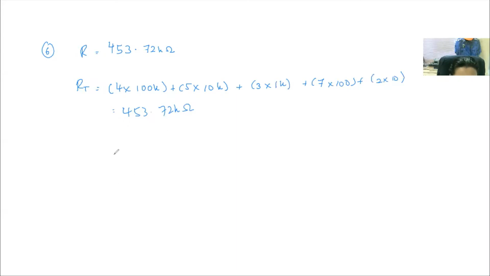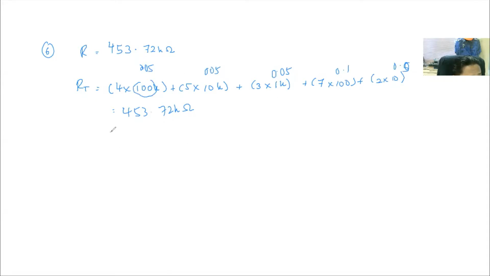So this is the limiting error, the tolerance for every resistor given. This one will be 0.05, this one 0.05, this one 0.05, this one is 0.1, and the last one is 0.5. Then we can calculate.